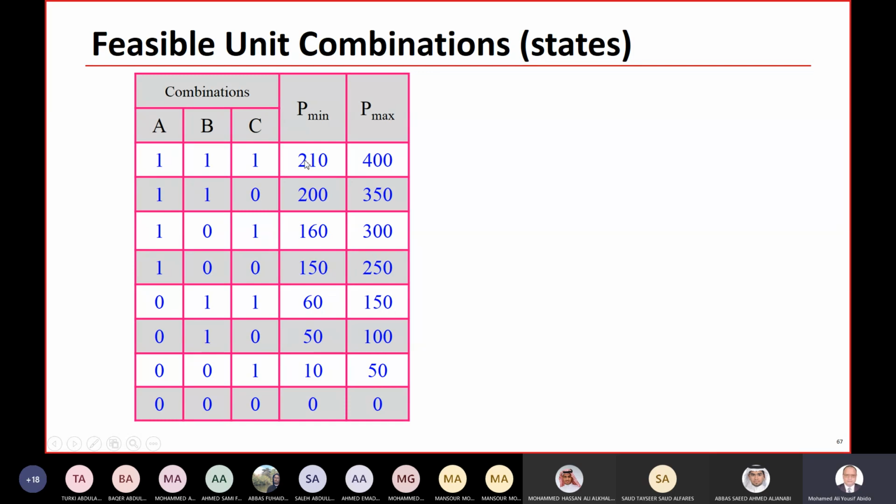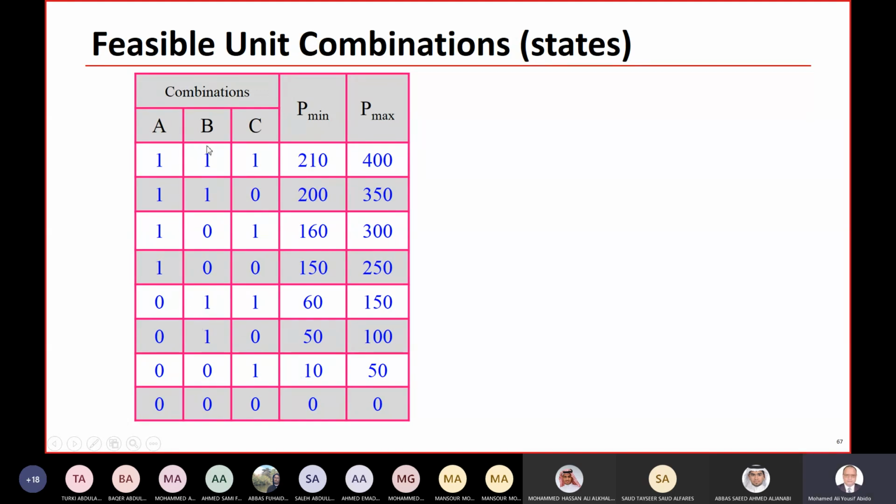We have all these combinations, 8 combinations here. Unit A, 1s and 0s, B, 1100, and C, 100. So these are the 8 combinations that we have.